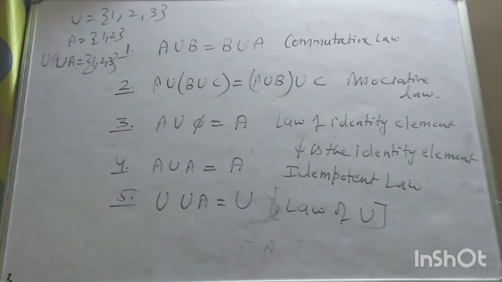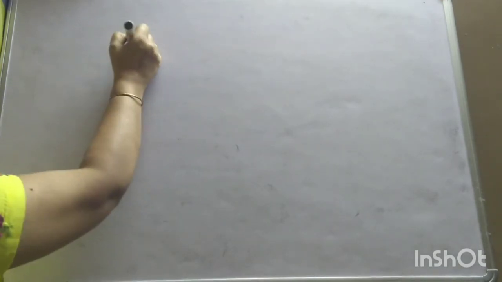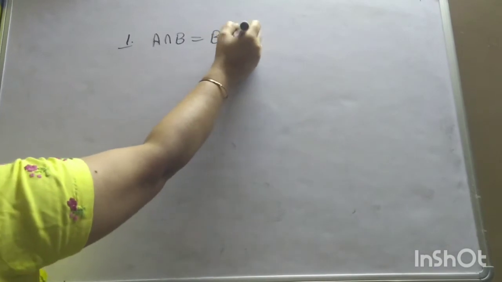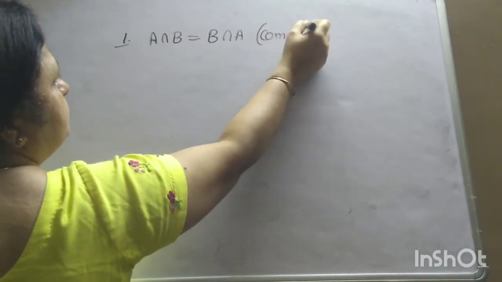So these are the properties of operation of union. Now let's discuss some properties of operation of intersection. First one is A intersection B is equal to B intersection A. This is commutative law.